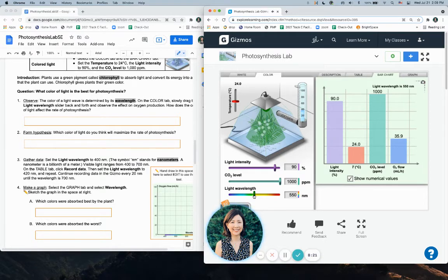So I'm going to go ahead and see here. So it looks like I'm making a lot of oxygen at this wavelength. So these higher wavelengths, I see more. Not a lot here.